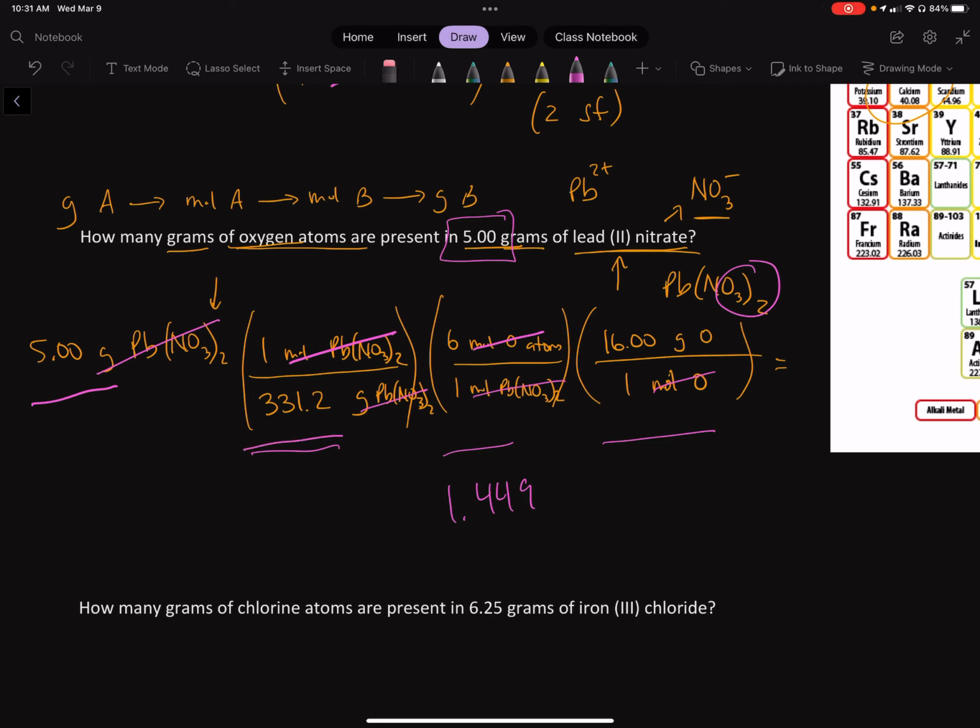The molar masses had more than 3 sig figs, and the stoichiometry is a perfect ratio: exactly 1 mole of lead-2 nitrate has exactly 6 moles of oxygen atoms. So that's not affecting our sig fig rules. Round 1.449 down to 3 sig figs, so 1.45 grams of oxygen atoms.